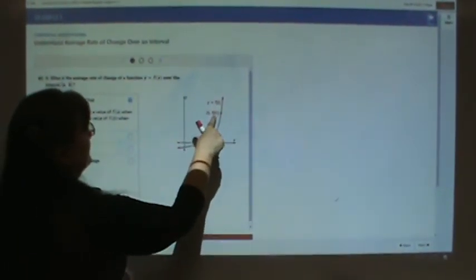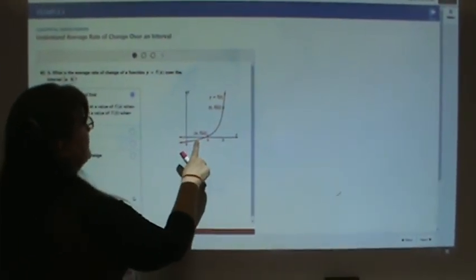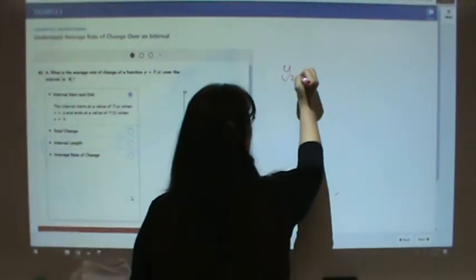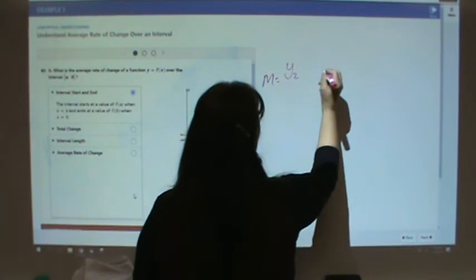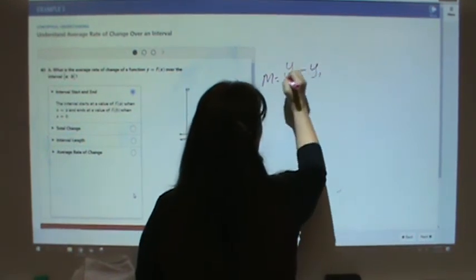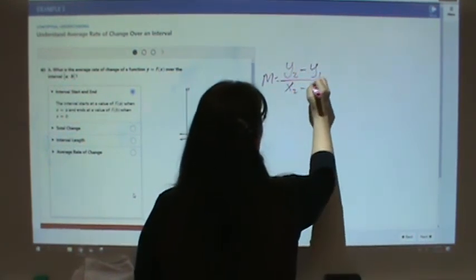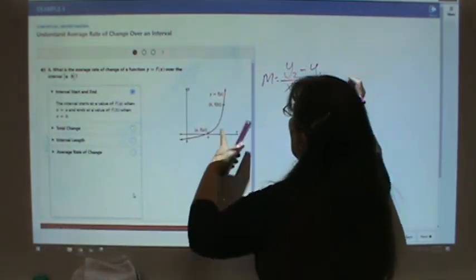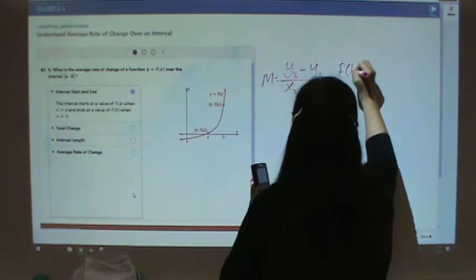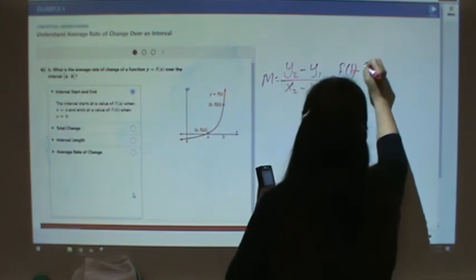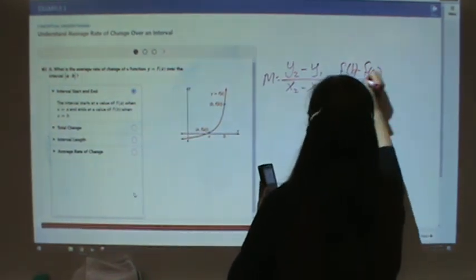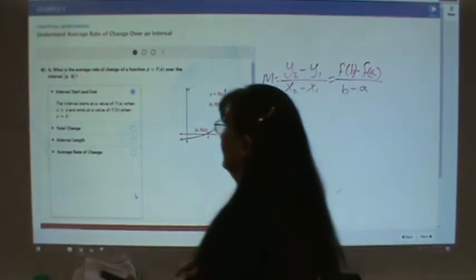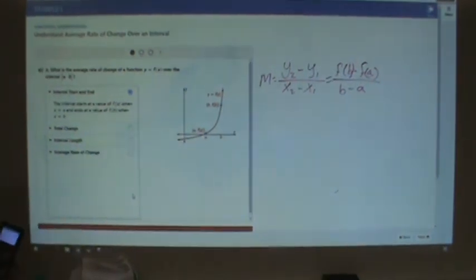So you would take these two numbers, if they were numbers, and you would put them into slope form, which is y2 minus y1 over x2 minus x1, or in this case, f of b minus f of a over b minus a. So go ahead and put the total change here.